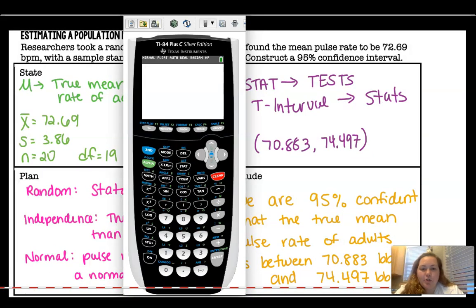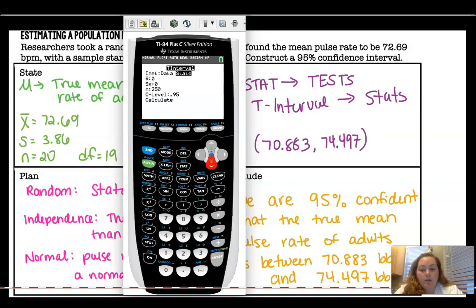To show you these steps in your calculator, we go to Stat, over to Tests, and we are doing a 1 sample t interval, which is option 8. Typically we use Z for proportions and T for means. We have the option between data and stats, so we use stats.